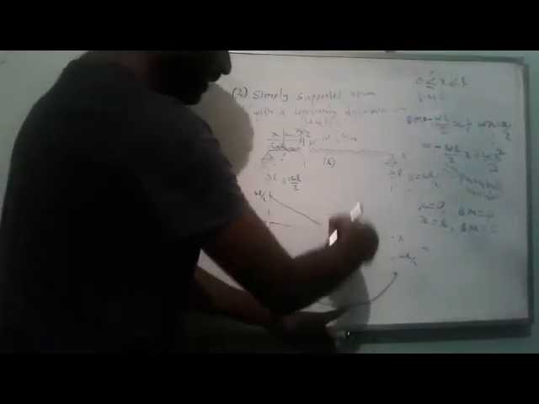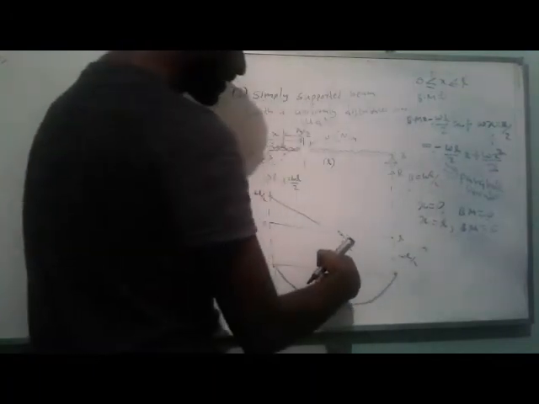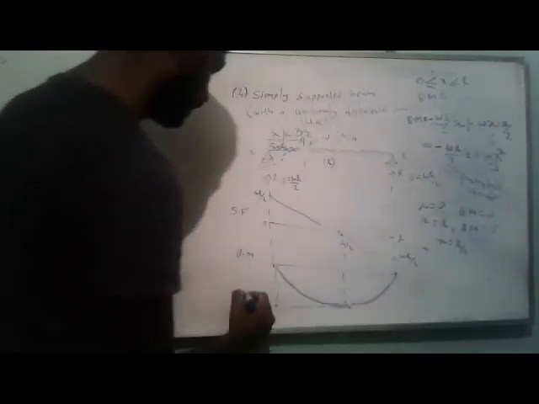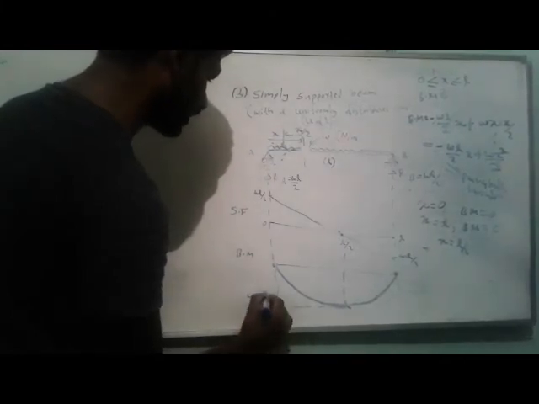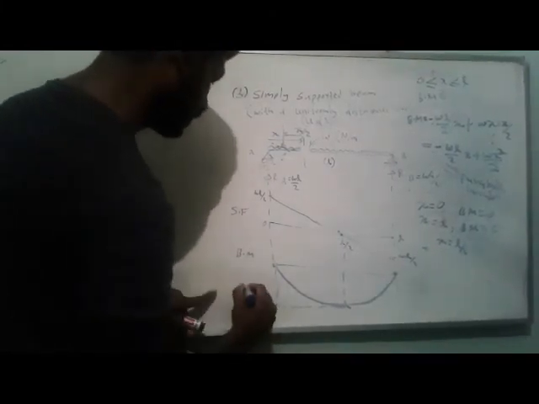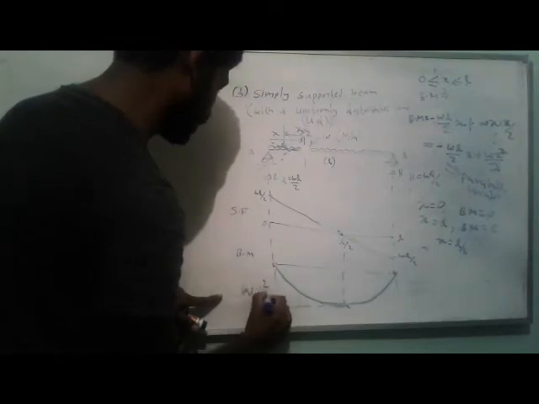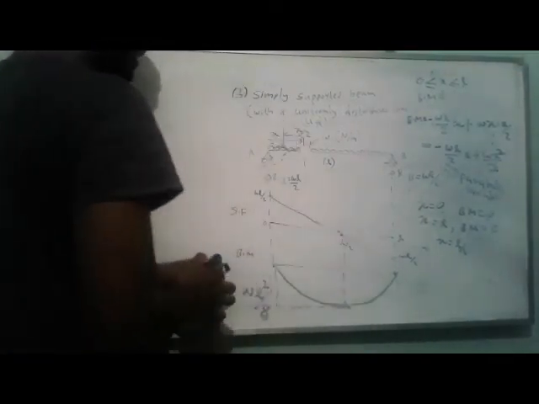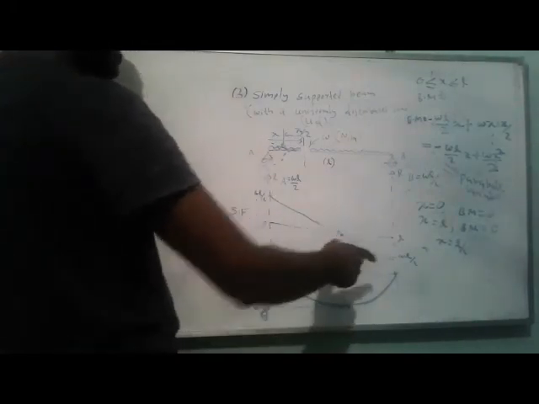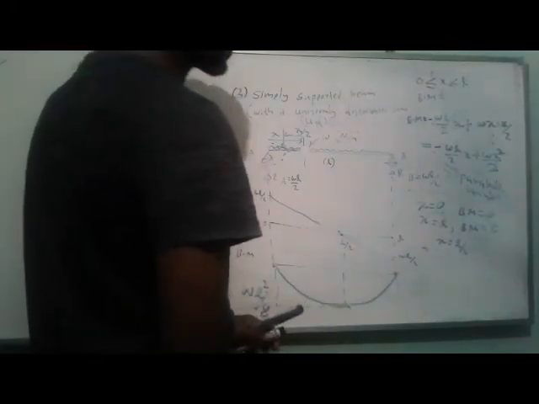Due to this symmetry, this length is x, x is equal to L over 2. You substitute this x value L over 2 here, and you get WL squared over 8. You get the maximum value here. You can draw that diagram considering that symmetry.